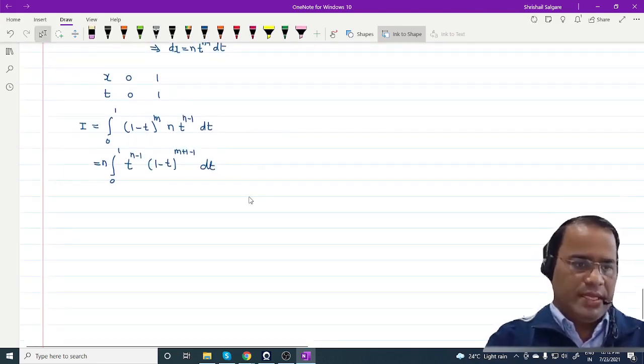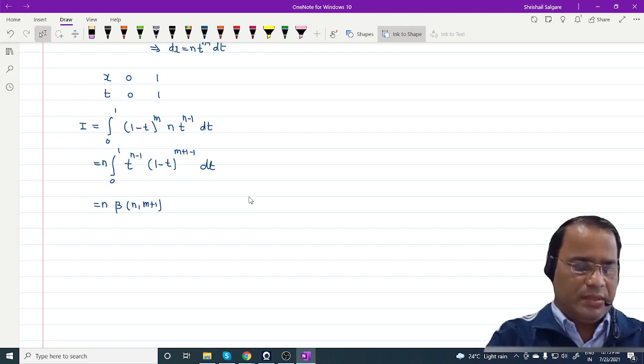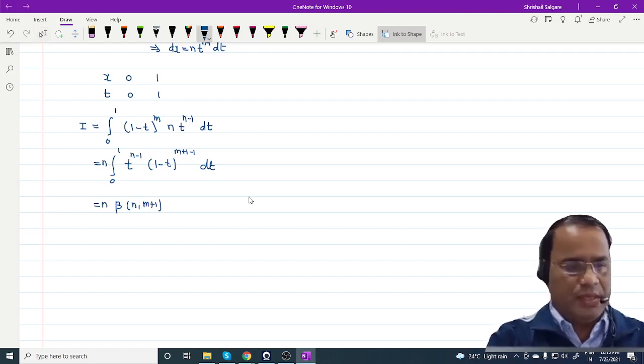So it can be written as n into beta of n and m plus 1.